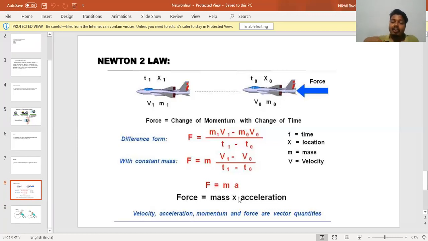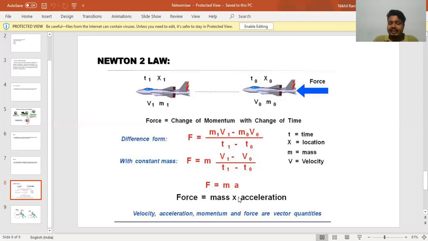If the object is large, when we apply force on that object we have to apply more force upon it. If the object is small, its mass will be small.